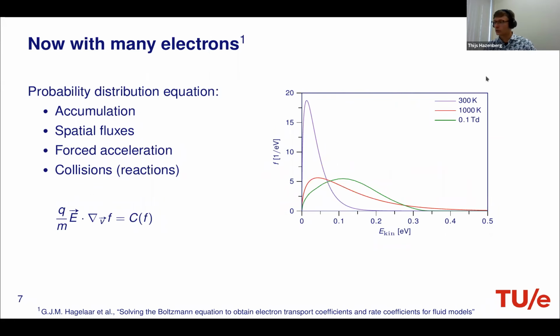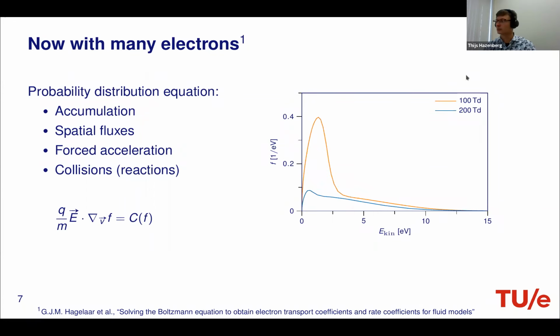If we now also consider a reduced electric field of 0.1 Townsend, which is a really low reduced electric field in a plasma, then you see that we already have a distribution function which has higher energy particles on average. If we now go to the case of 100 Townsend, which in the case of air is a little bit below breakdown, we see that we suddenly have electrons which are 5 electron volts and higher.